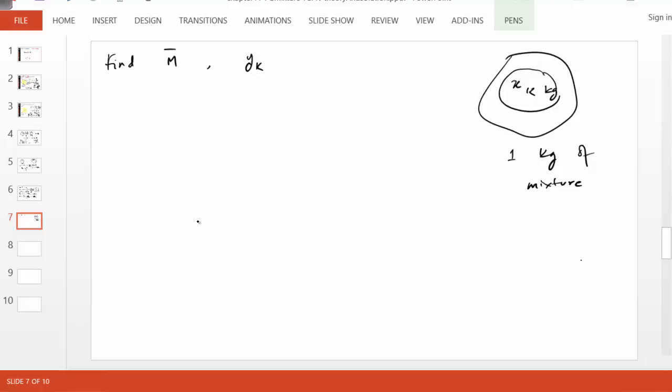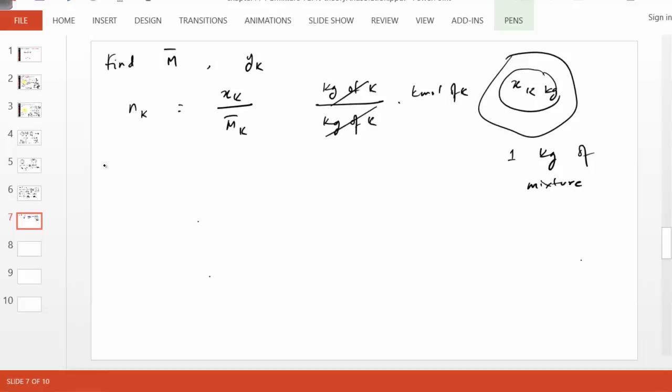So therefore, what we can write is that the number of moles of component k is given by the mass of component k divided by the molar mass. We have so many kg of k, and the molar mass is kg of k per kilomole of k, right? So we get nk, the kilomoles of k, so many kilomoles in that mixture of 1 kg.